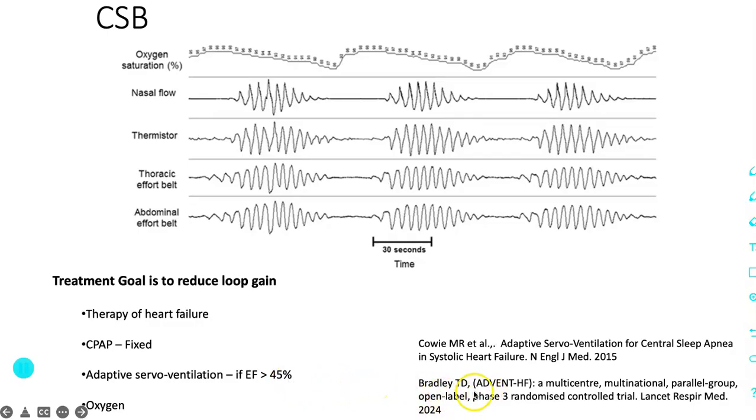Recently, we have seen Bradley et al. publish the ADVENT-HF trial, which is a multinational, parallel group, open label randomized control trial.